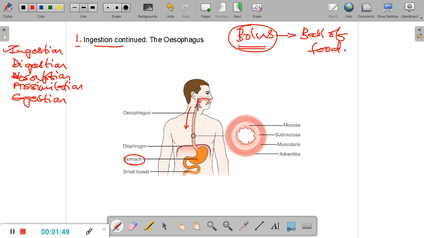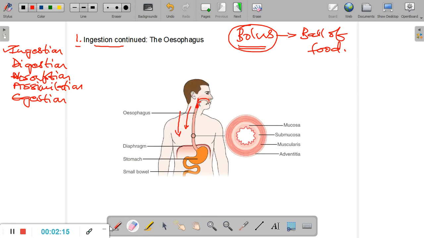Now, the food that is in the food pipe does not fall under the force of gravity as you might think. Just because we are standing upright, the food does not move downwards because gravity is pulling it down. There is a different kind of force which is produced by our own body. Well, you can experiment back home. You can do a little headstand.